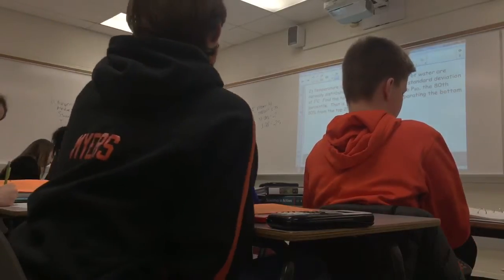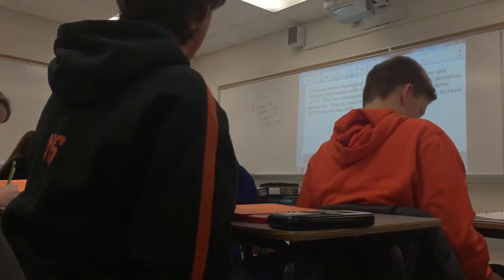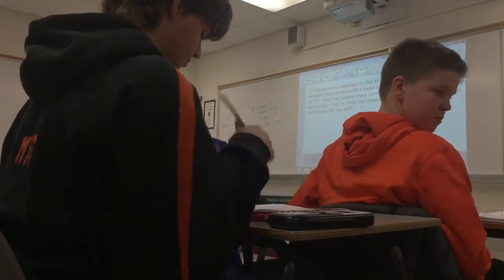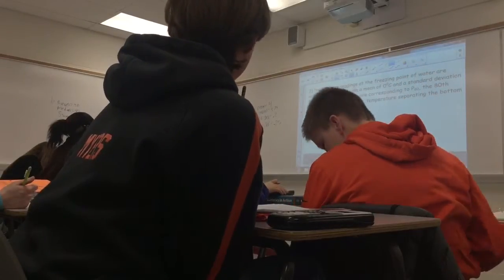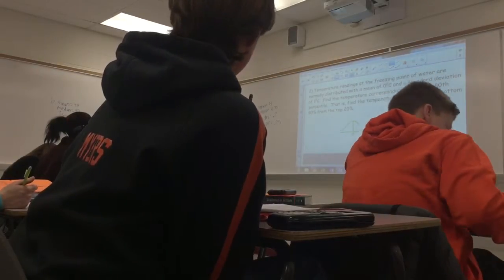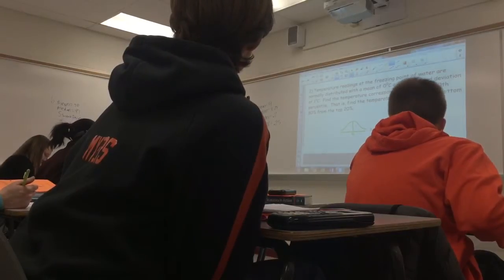Okay, so my mean is 0. Now what percent of the temperatures should be less than 0 in a normal distribution? 50%. Everyone okay with that? It's normal, so the mean and the median are the same, so 50% are below it.